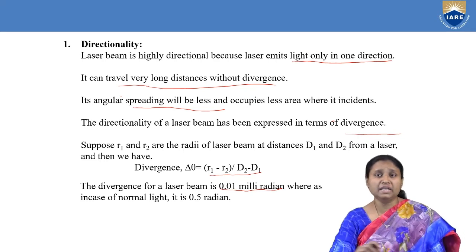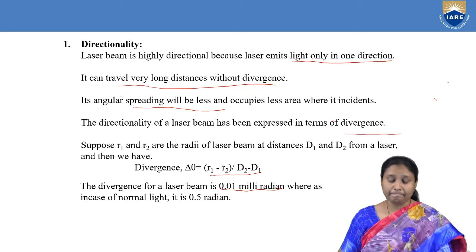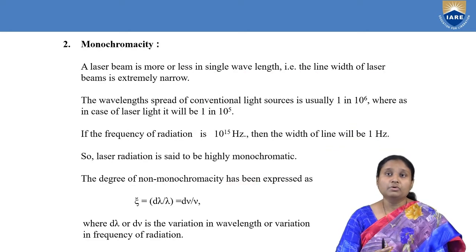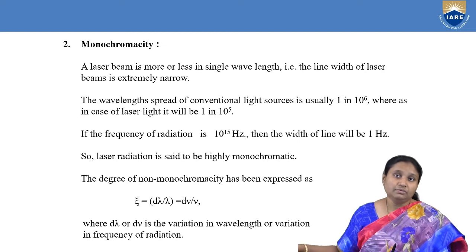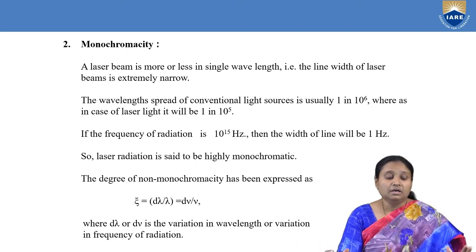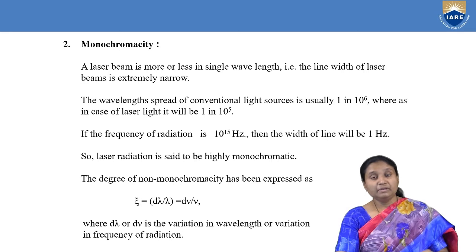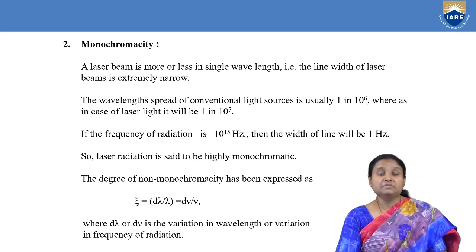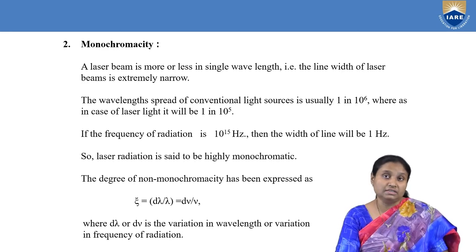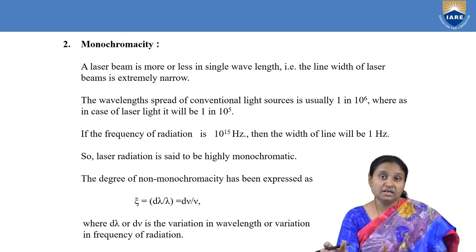Now coming to the next property of laser, monochromacity. What do we mean when we call a light monochromatic? If we compare laser light with a normal white light source, when white light is passed through a prism, we get a beautiful spectrum of colors.